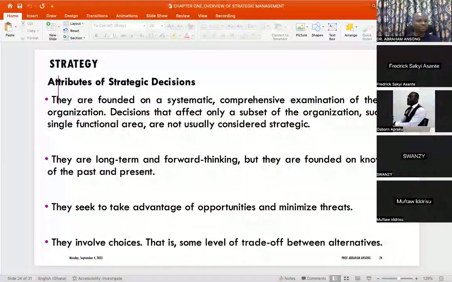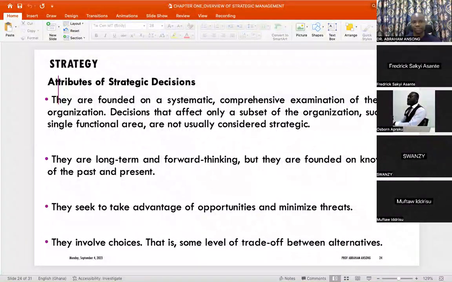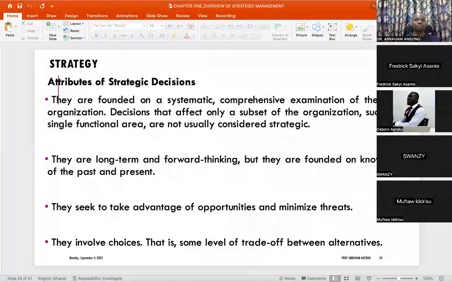Let's look at the attributes of strategic decisions. Some of them I've already explained. So point one says they are focused on a systematic, comprehensive examination of the entire organization. This is coming from my explanation of the definition itself, where I was explaining the fact that strategic management deals with cross-functional decisions, if you remember. And I said in strategic management, it calls for the collaboration of all the functional areas of the business.